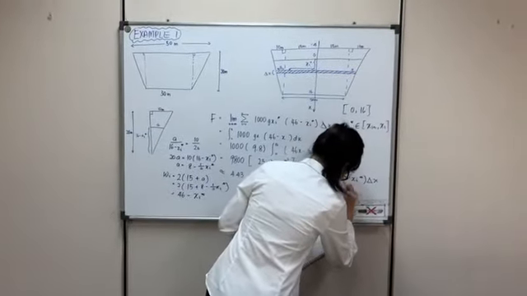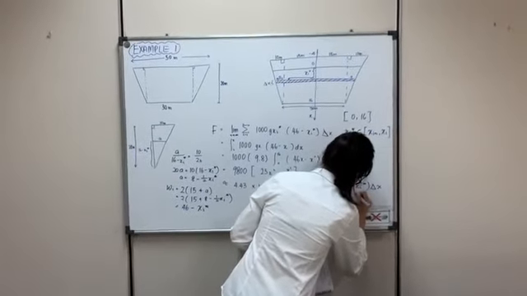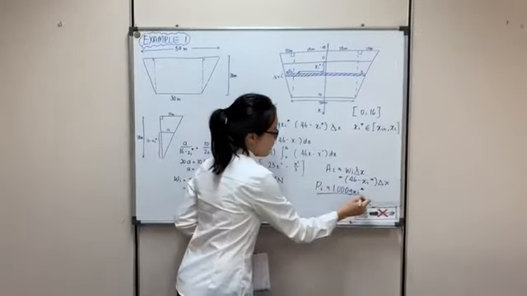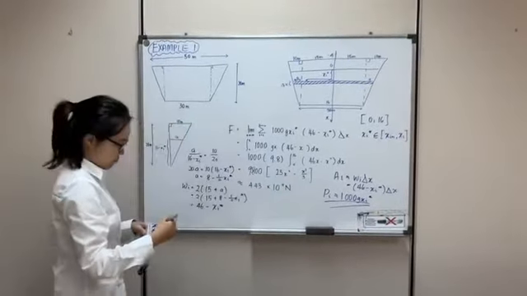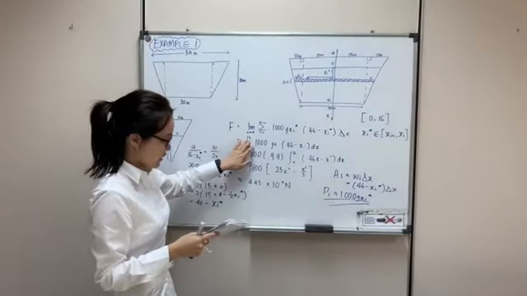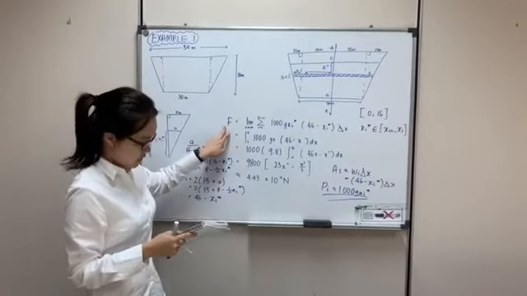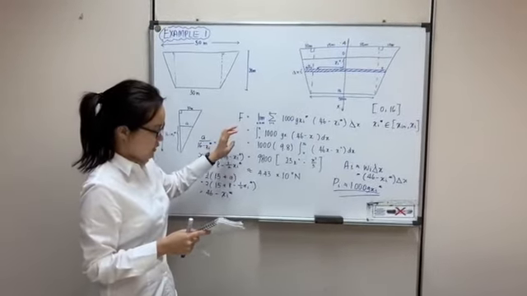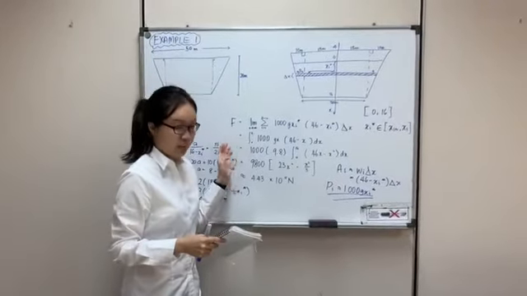1000. So we can use this formula to find the force. So the hydrostatic force F acting on the ith strip is the product of the pressure and area.